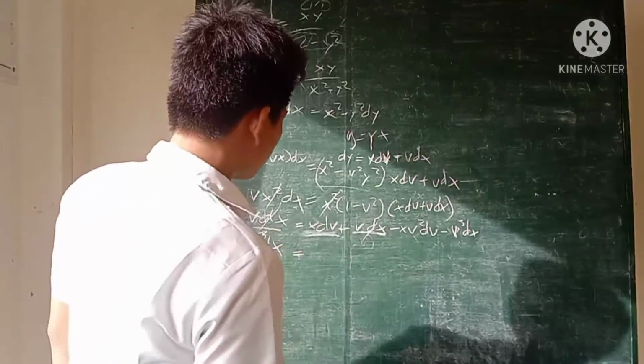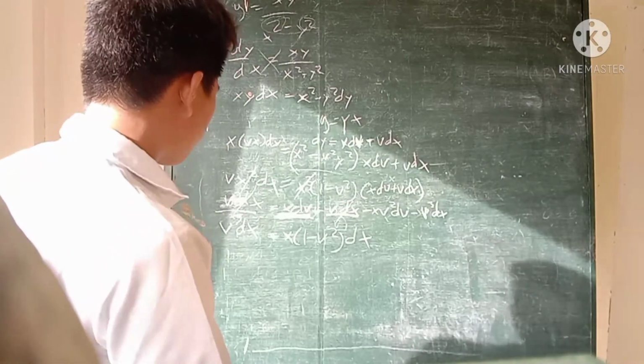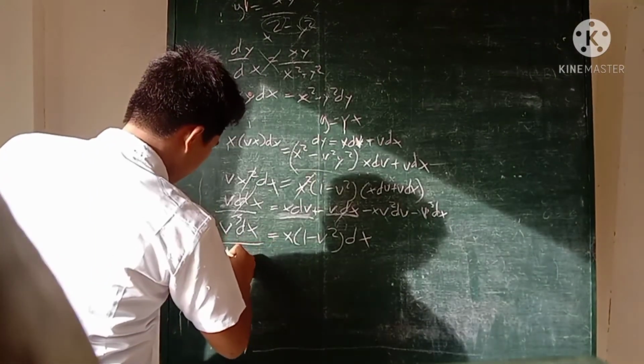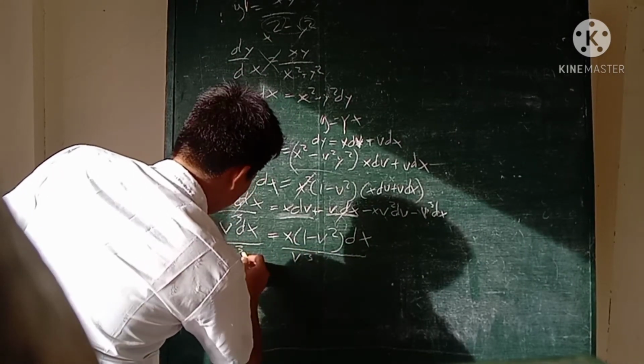Factoring out x, next is to divide both sides by v cubed.